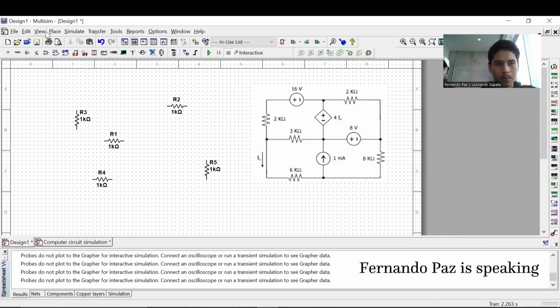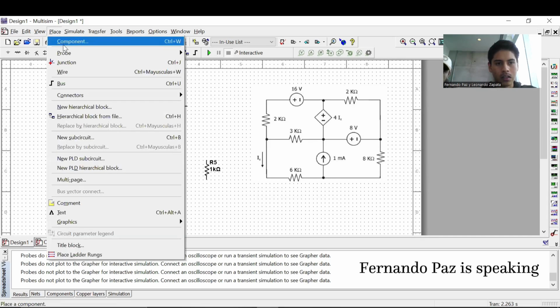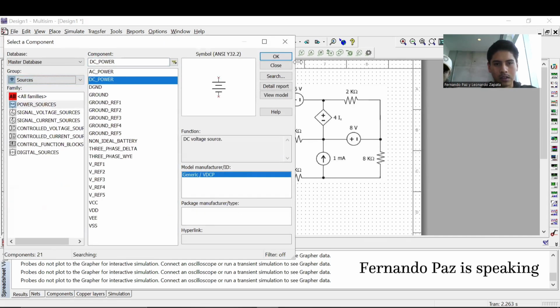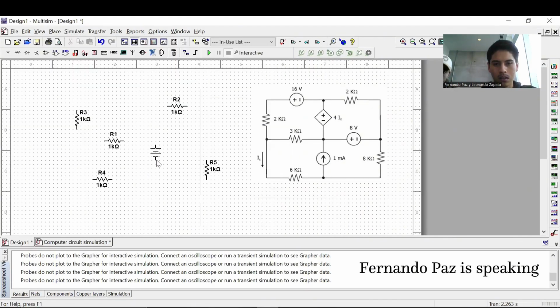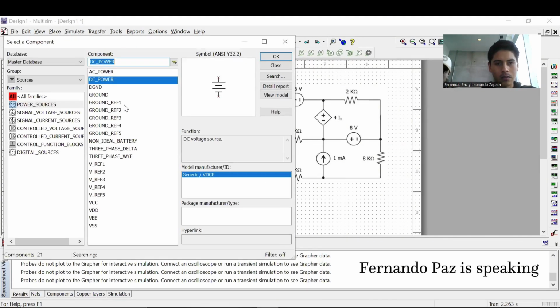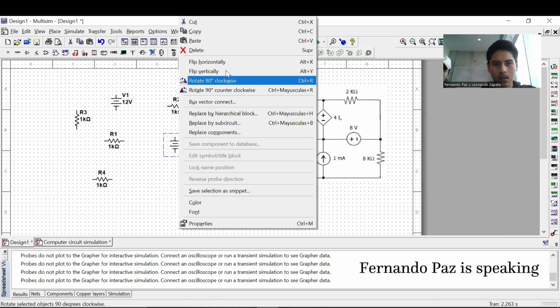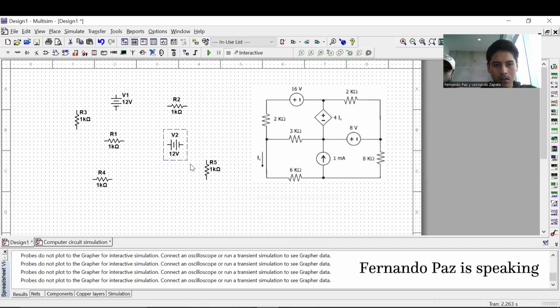Next, the voltage sources. I'm going to place DC power sources. There are two of these, so I'm just going to copy, paste and rotate. We can see that the positive terminal is on the left side as in the drawing.